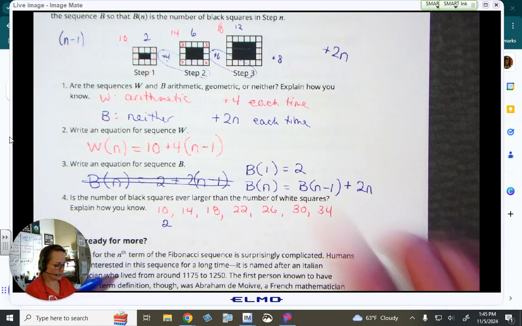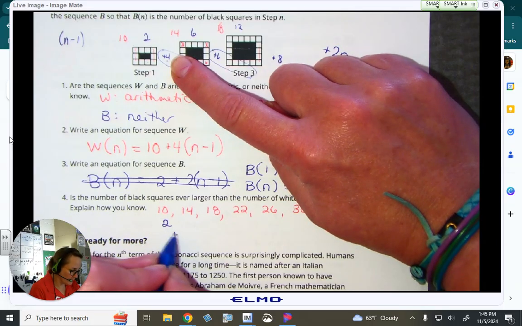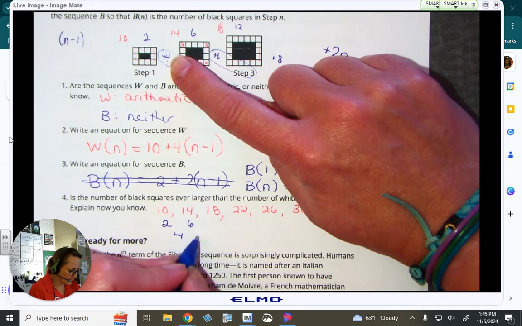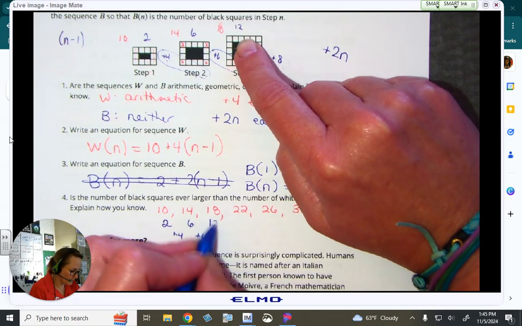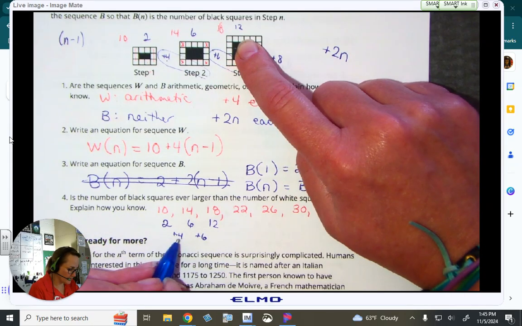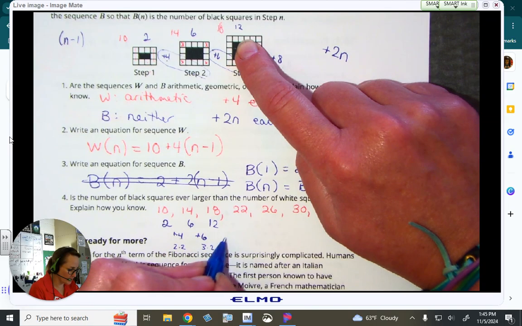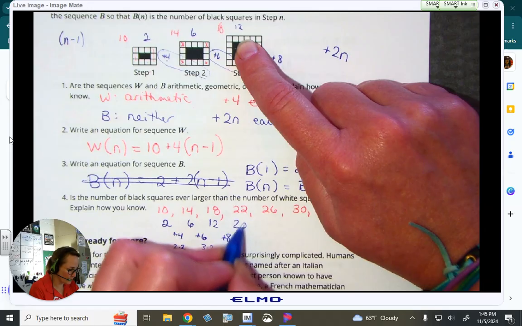Here we started with 2, then we added 4 to it, and get 6. We add 6 to it, we get 12. Now we're going to add, let's see, that's 2 times 2, that's 3 times 2, 4 times 2 is 8. We'll have 20.